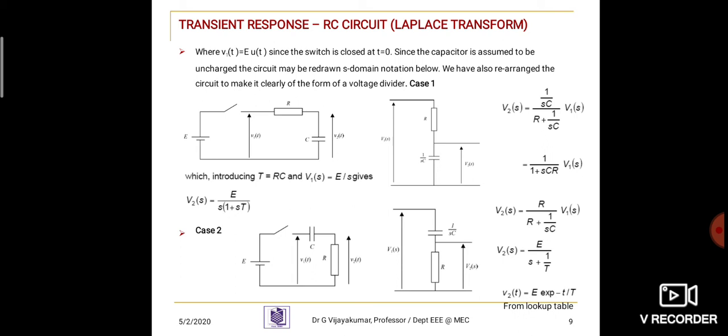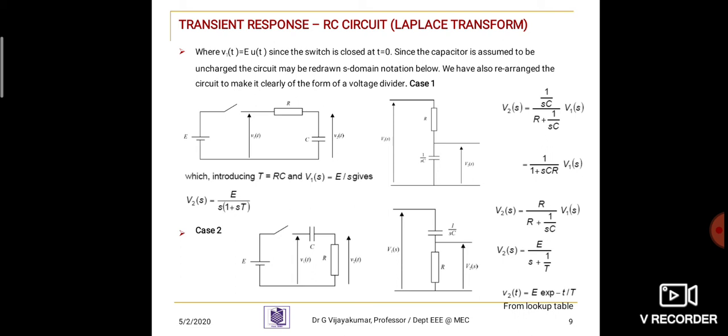As a further example, for your understanding in the S domain representation, the same circuit should be used, but you need to find the voltage across the resistive element. You can look into the next two diagrams, where the positions of the resistor and capacitor are interchanged.